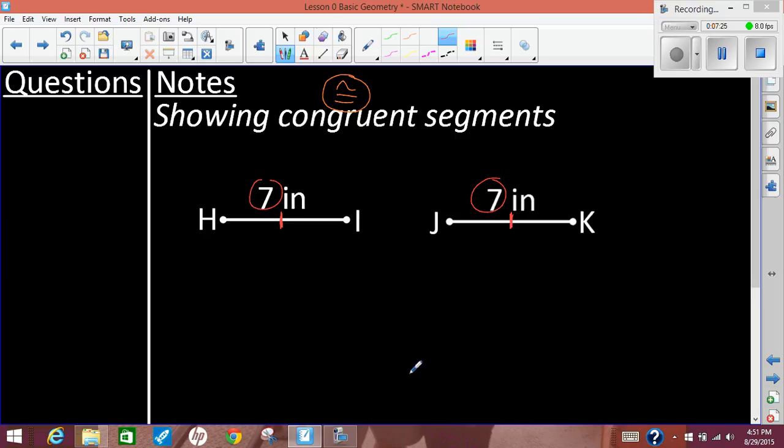So if you ever see two line segments with a slash like that on each of them, and in the book they'll be red, which is why I used red, that means that these two things are congruent. It means that they have the same length. So even if it didn't say 7 and 7, if there was no length labeled there, and all I saw were these two slashes, that would tell us that those two segments are congruent.